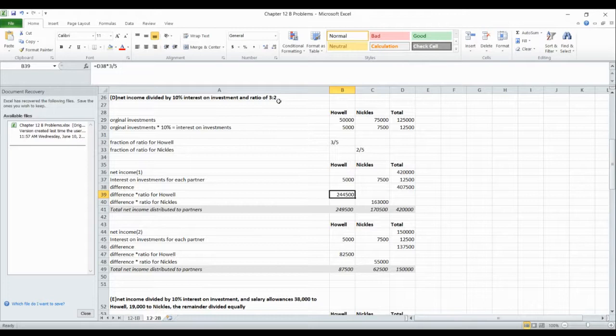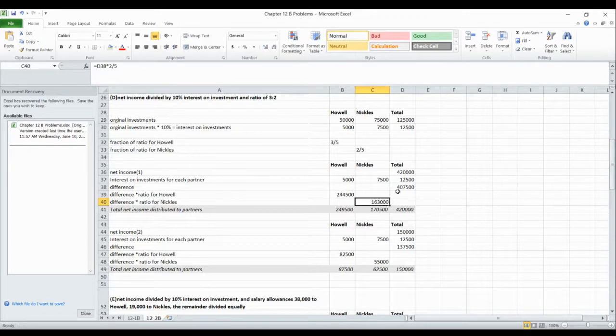Nichols had 2/5. In other words, we take 3 and we add 2 to it. That gives us 5. 2 divided by 5 is the fraction for Nichols.